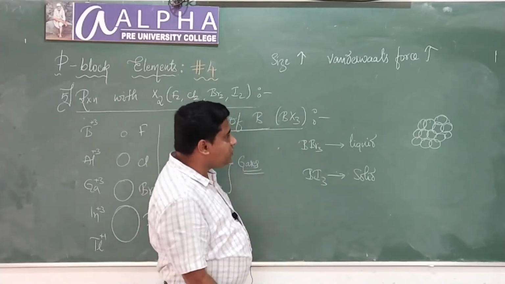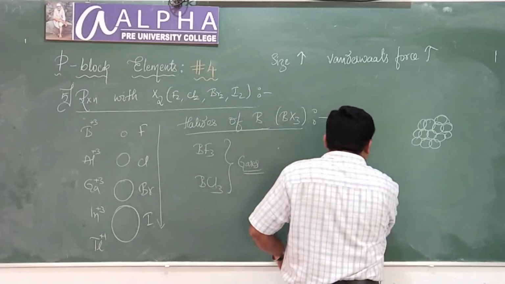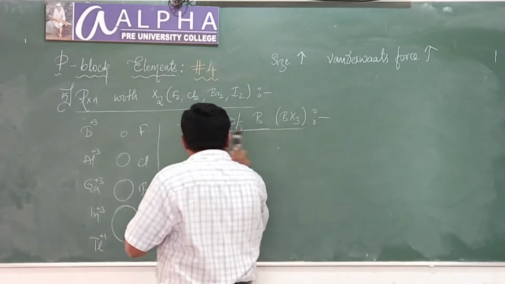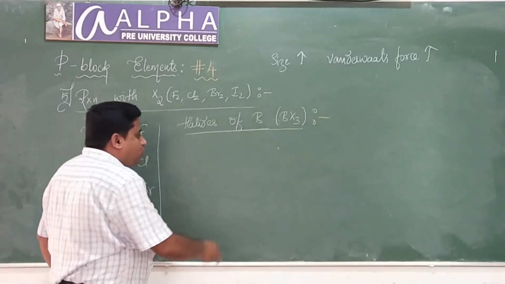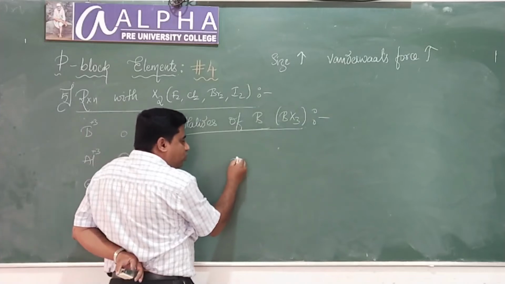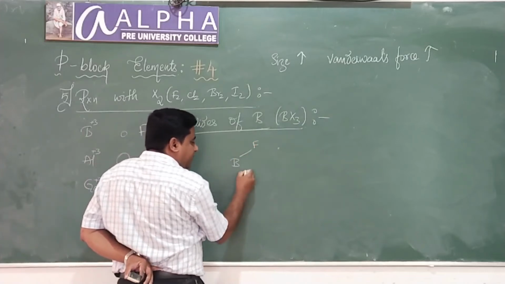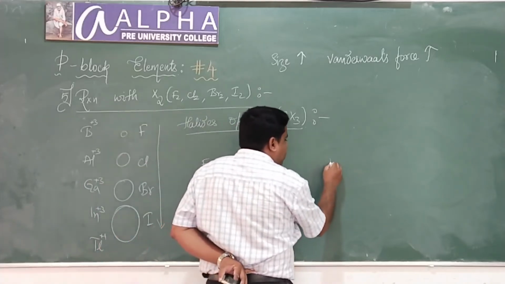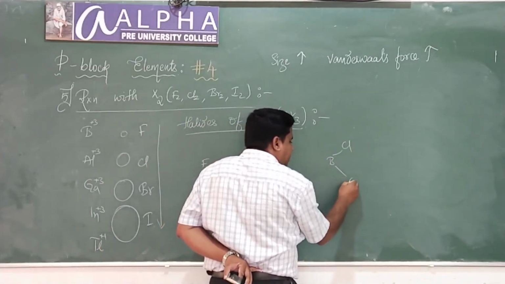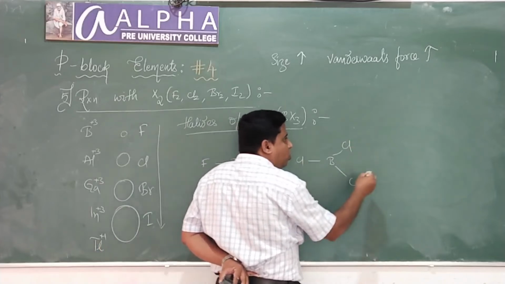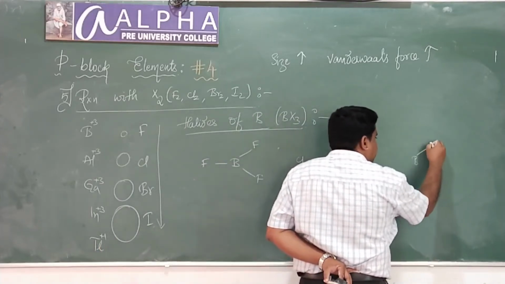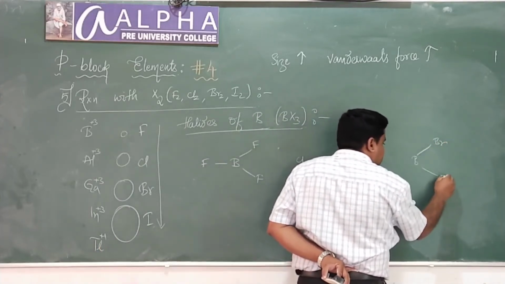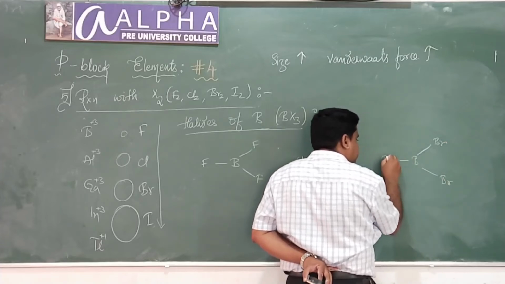Understood? Now again consider boron trifluoride, BF3, correct? Boron trichloride, BCl3. Boron tribromide, BBr3, correct?